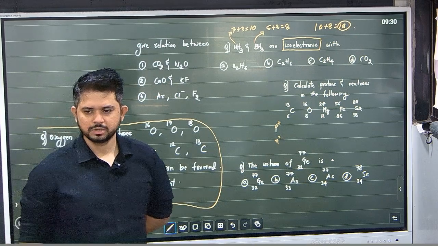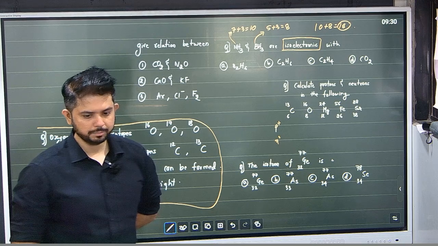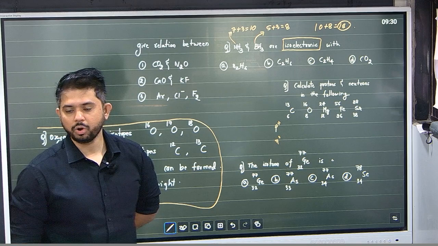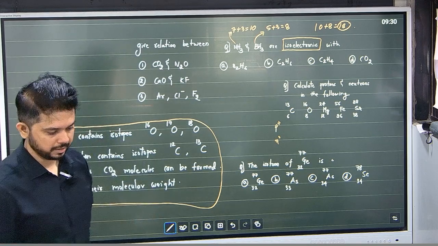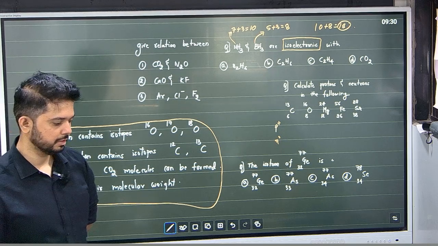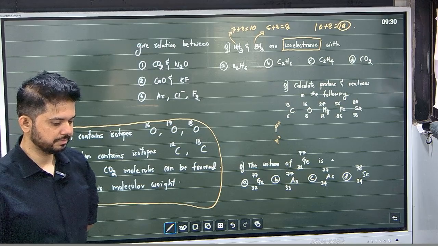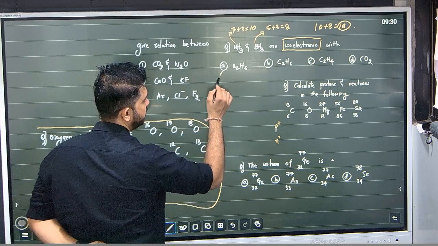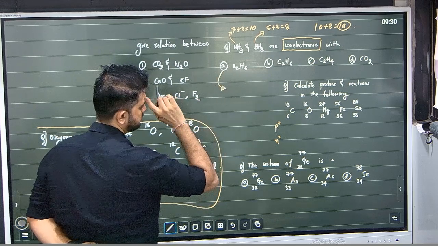NH3 is ammonia. BH3 is borane. You can write that. Borane, we will study that in P block elements. Now let's calculate here in B2H6.